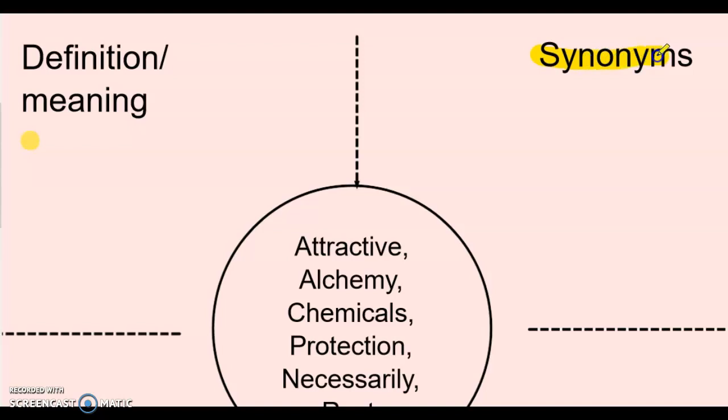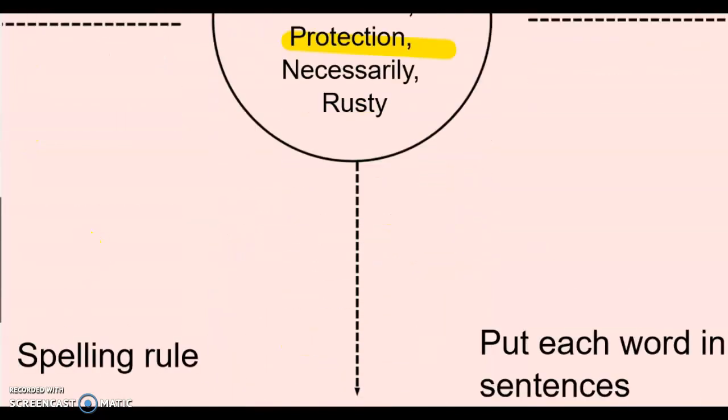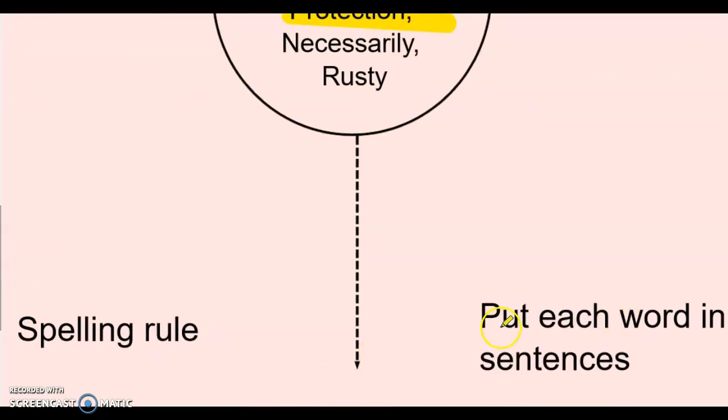Find some other words for that word. Why hasn't the author used some other words instead of attractive? Why hasn't he used other words instead of protection? Then you can see if you can put the word into a sentence and come up with a spelling rule or strategy for that word.